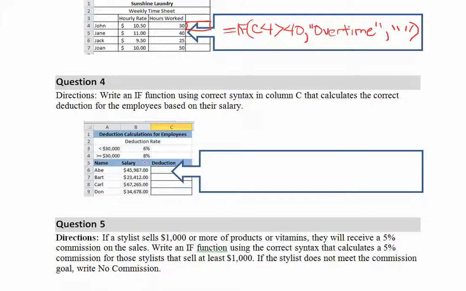All right, so we'll write an if statement that does all of the calculation based on the 30,000 being equal to or greater than 30,000. Okay, so as we write this formula, we are going to write it in cell C6, and then we'll copy it down.